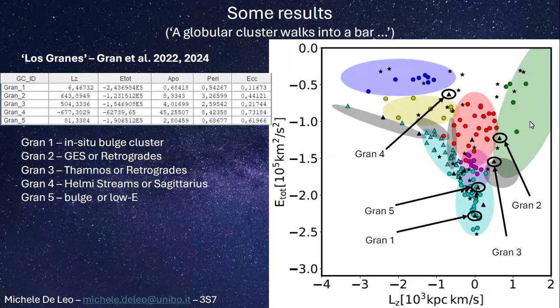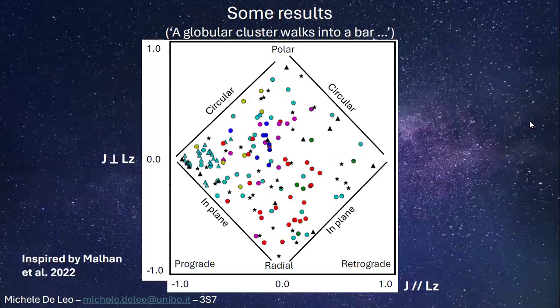For the others, it's not so simple, because while they might be in some regions of the angular momentum energy space where we think the progenitors are well defined, in reality, there is a lot of overlap in these regions between the different populations and the different merger events. So we need to look not only at the energy and the angular momentum, but also at other dynamical parameters to try and pin them.